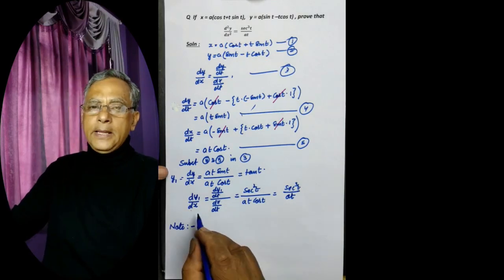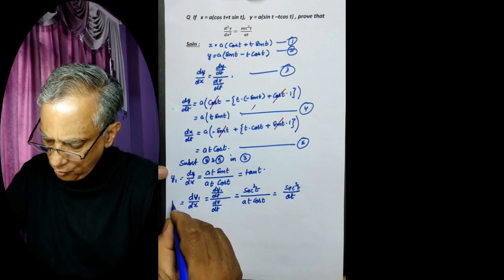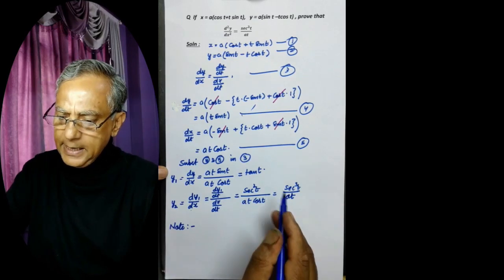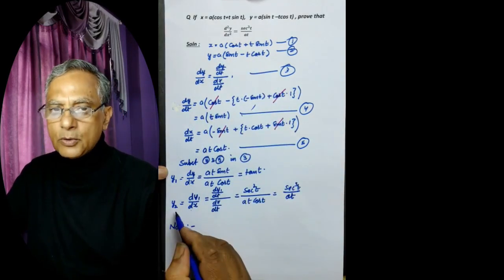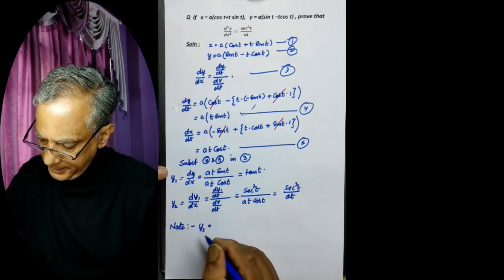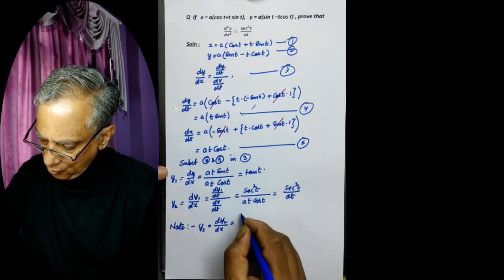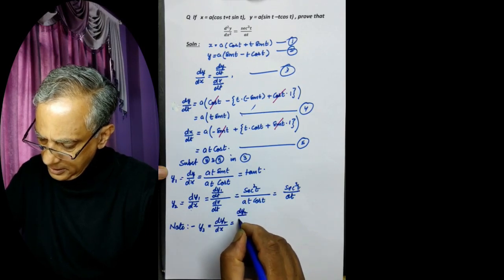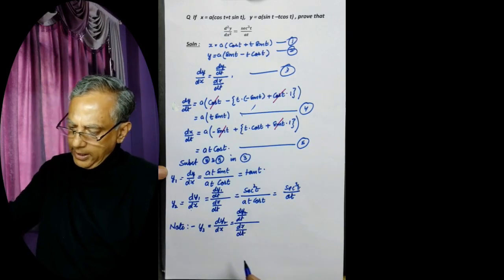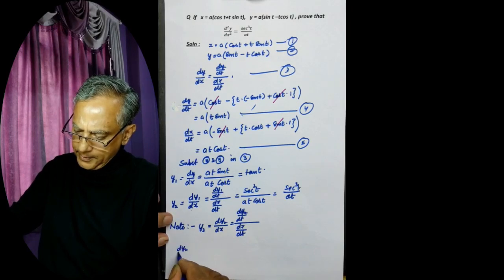Now suppose we have to find the third order derivative of this. So what we will do is we will denote this by y2 and find its first order derivative. y2 will be this and x is this. So y3 will be dy2 by dx, and this will be dy2 by dt whole divided by dx by dt. Now we find dy2 by dt.